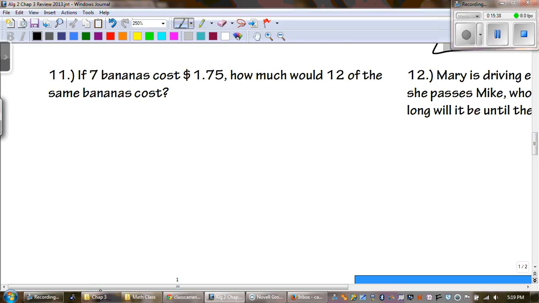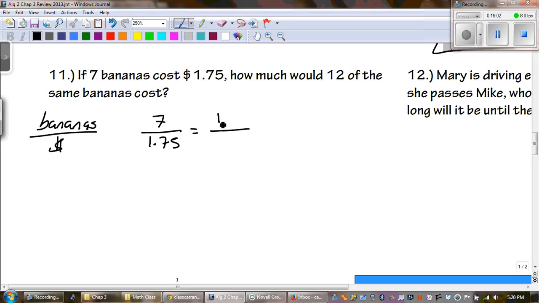All right. If 7 bananas cost $1.75, how much would 12 of the same bananas cost? Okay, so we're talking about 2 things, bananas and money. Okay, so 7 bananas cost $1.75.